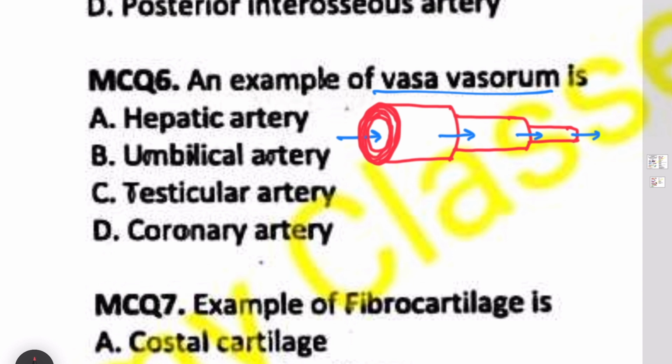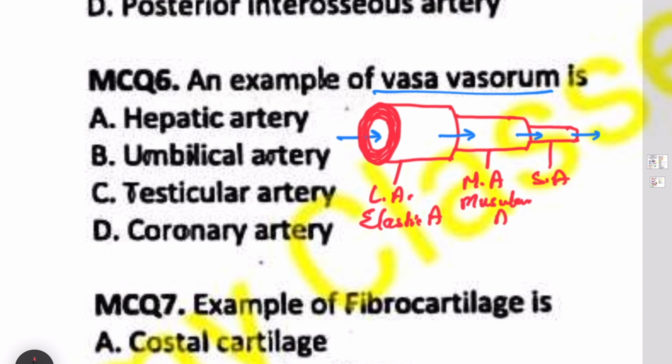This is also called an elastic artery, this one is a large artery or elastic artery, and this one is a medium size artery, also called a muscular artery, because you have more smooth muscles in the medium size artery and small artery. So this is a small artery, a muscular artery.